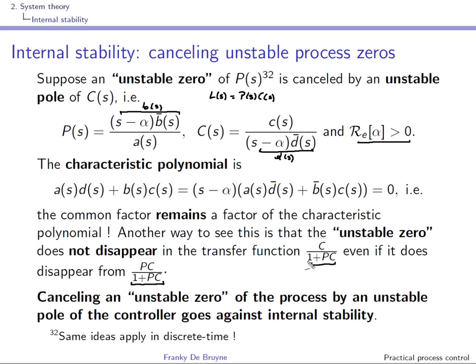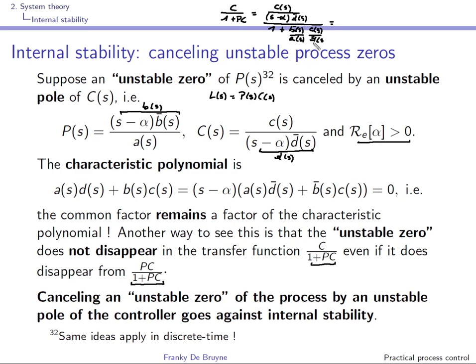So we can write this transfer function, and you will see that C over 1 plus PC is C(s) s minus alpha, D bar(s), and then over 1 plus, and here the s minus alpha will cancel out, so we'll have B bar(s) over A(s), and then C(s) over D bar(s).